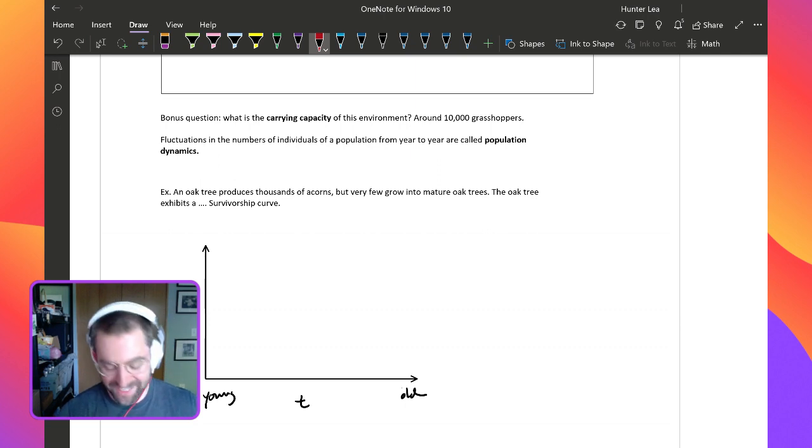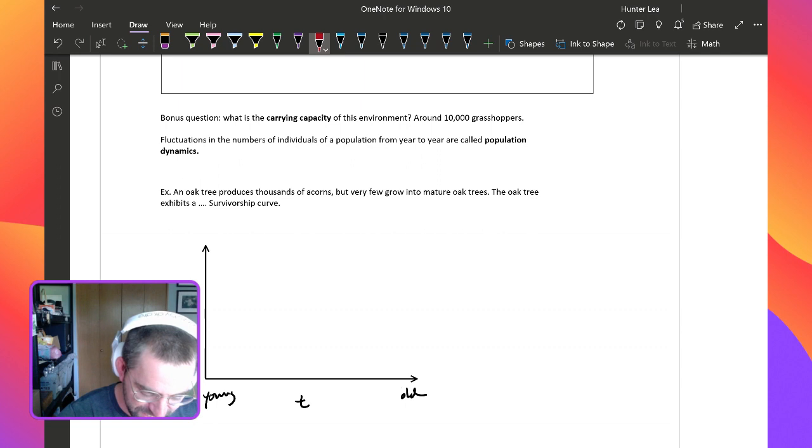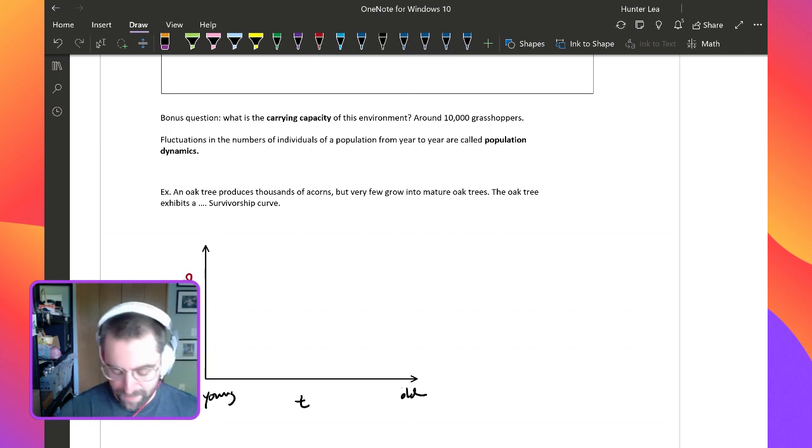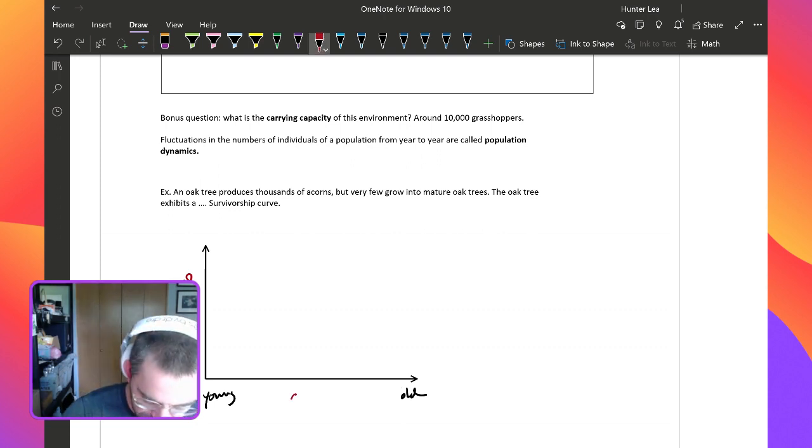So we're going to go back to that survivorship type 1. On this left side, we have survivorship, and more appropriately on the x-axis, we have age in relative units. So relative age.